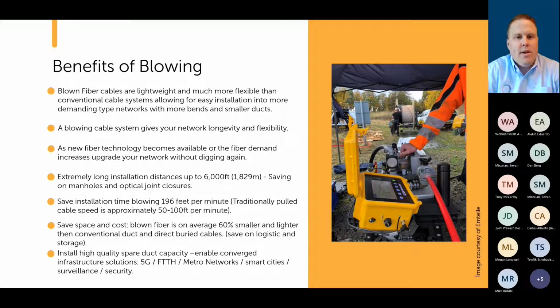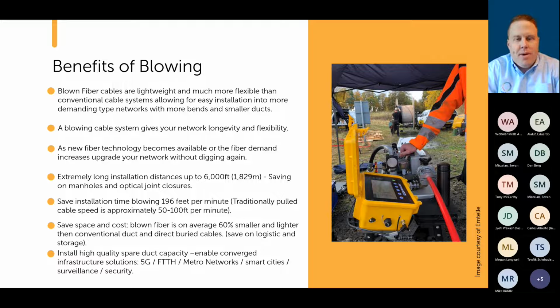And when we talk about planning and being able to expand your network, I've talked about it in the past, it's important to plan for the future, right? So just like you want to plan ahead with your fiber count, this gives you the ability to also plan ahead with how much duct space you've got in the future and how much you'll be able to use. And again, fiber to the home has blown up across the country.